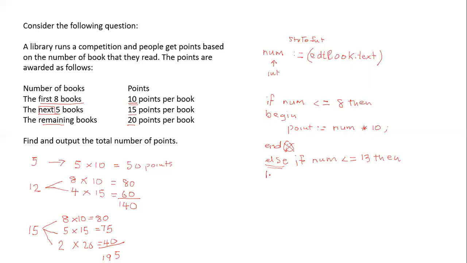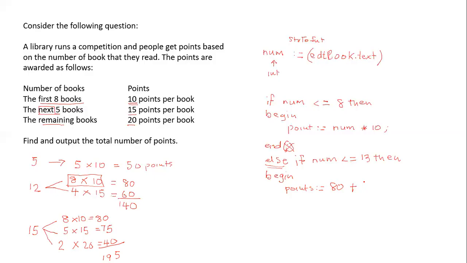Then begin. So at this stage, we just need to be a little careful in terms of how we perform our calculation. So the points will be for the first 8 books, they were given at 10 points. So 8 times 10 is 80. So I can just put it down straight as 80, because to have come into this category means you would definitely have read 8 books and received 80 points.